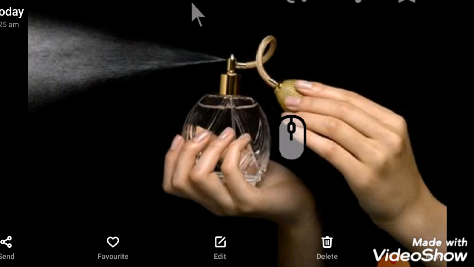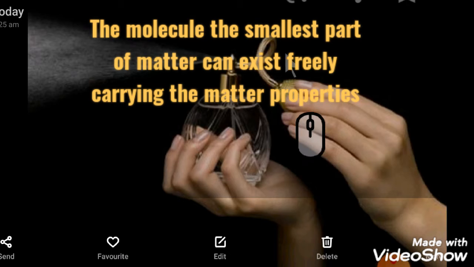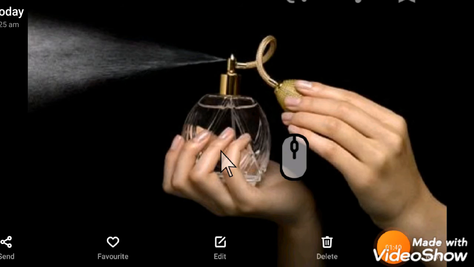This is the beautiful, nice smell of the perfume. These particles are called molecules. So the molecule is the smallest particle of matter which can exist freely, and it has its own matter properties.